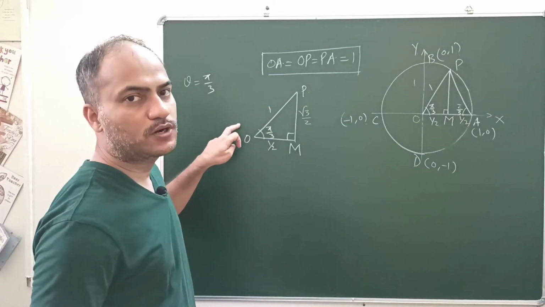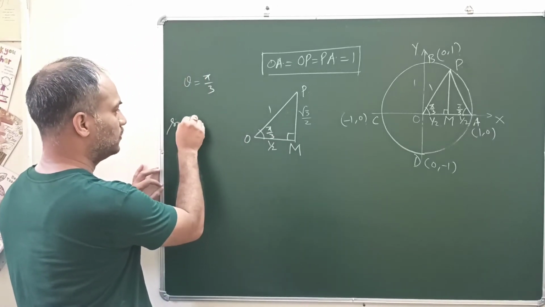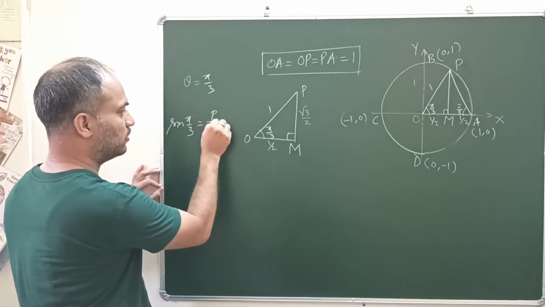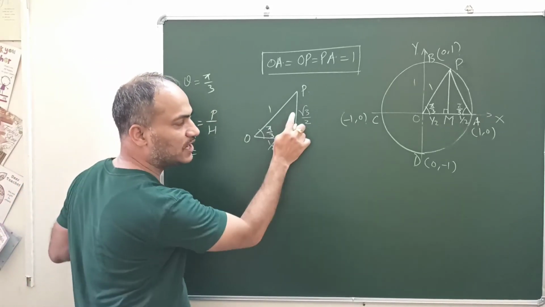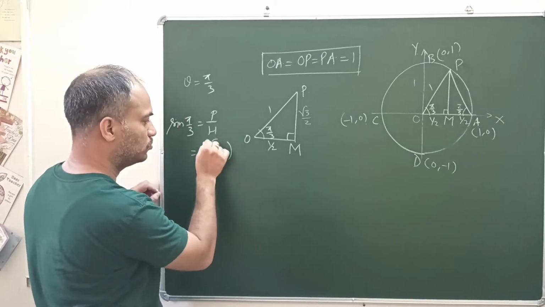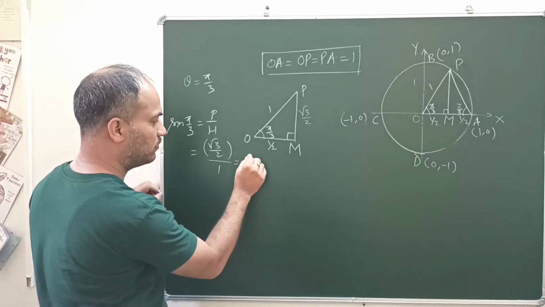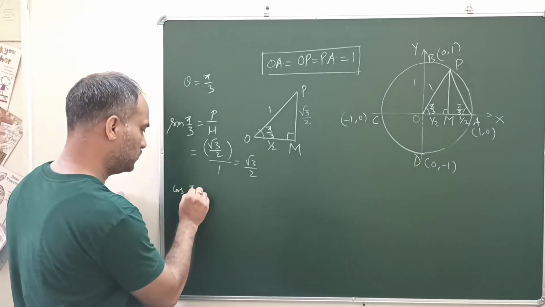Now we talk about t ratios. So first we talk about sine pi upon 3. Okay, this is perpendicular upon hypotenuse. What is the perpendicular for this? The side opposite to this angle is the perpendicular. Fine. So this is root 3 by 2. Hypotenuse is 1. So the value is root 3 by 2. Now cos pi upon 3.